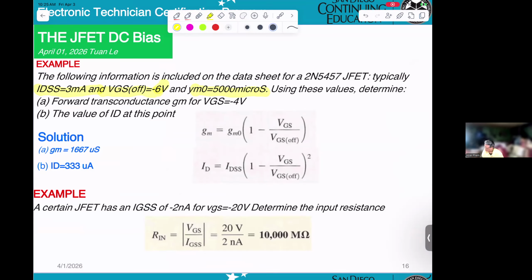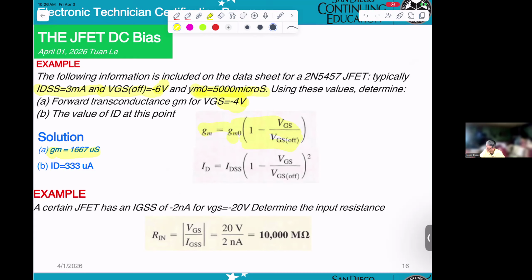So if you want to calculate gm, apply this formula: gm equals gm0 times 1 minus VGS divided by VGS off. VGS equals 4 volt, VGS off equals -6 volt, so you can get the answer here.